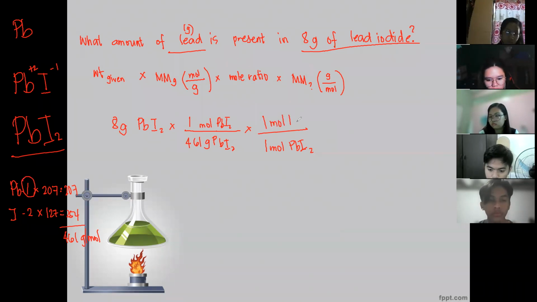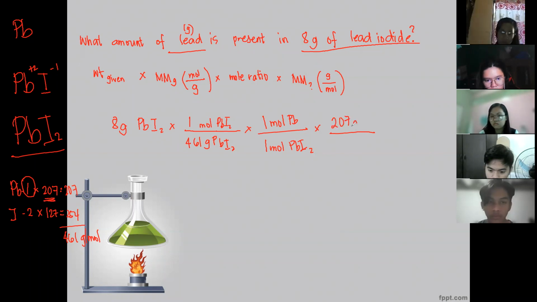So 1 mole lang din ang ilagay natin dito. Okay? We can call that mole sa atom. So isang atom, isang mole din yan siya. So again, isang mole ng lead iodide, meron kang 1 mole. Ay, sorry, butang na ko ang I2. This is just for lead. Okay? And then, the last part, molar mass ni lead. Pero grams per mole na siya. Or hindi siya molar mass, atomic mass na siya ni lead. So, binigay niya yan sa akin kanina.